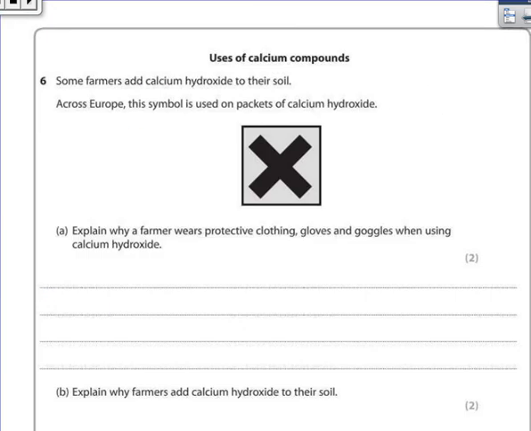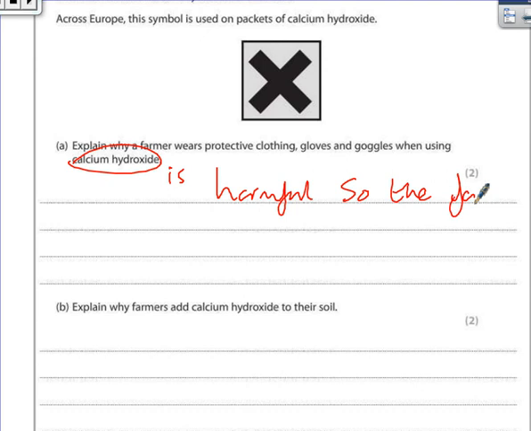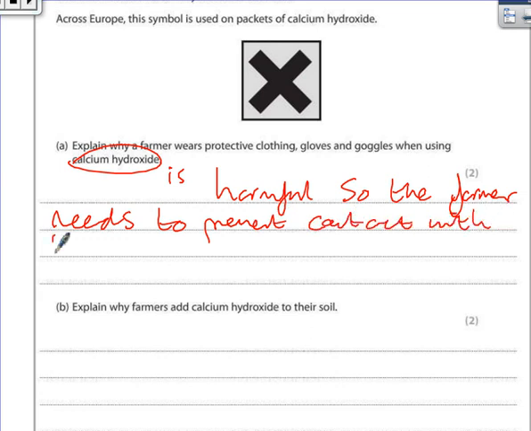Okay, so next question. This symbol means harmful. So calcium hydroxide is harmful. So the farmer needs to prevent contact with his skin.